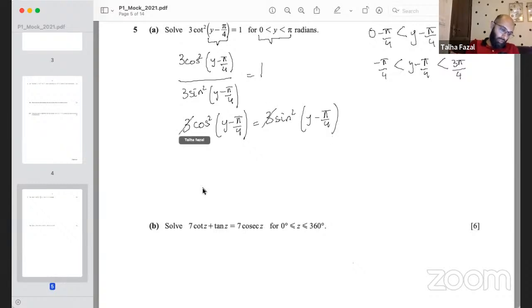The 3 and 3 can cancel. In fact, there won't be a 3 here. It will just be in the numerator. So now you can divide the cos on the other side, and you'll end up with tangent square y minus pi over 4 once you divide both sides by cos square.